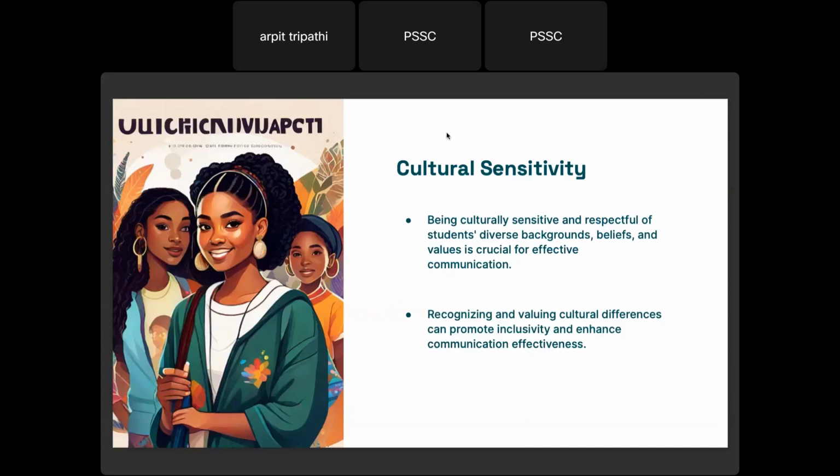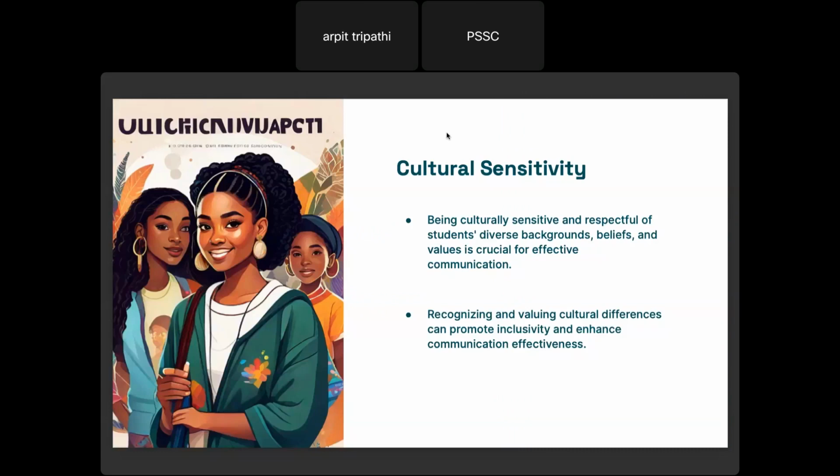Also, recognizing and valuing cultural differences can promote inclusivity and enhance communication effectiveness. So we need to really understand that cultural sensitivity is important in education, especially for several reasons.